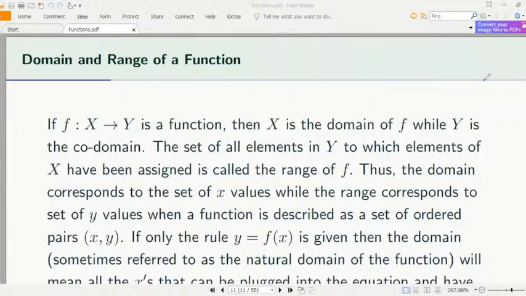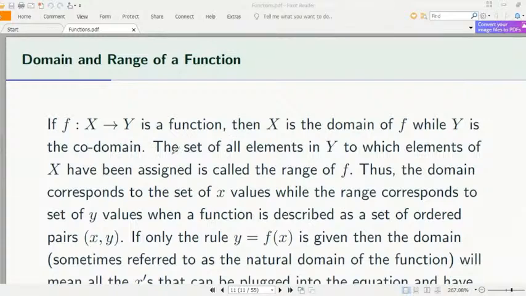And so all those explanations is what I've put here. I've said that if F is assigning elements of X to those of Y, if it's a function, then X is the domain of F, while Y is the codomain.